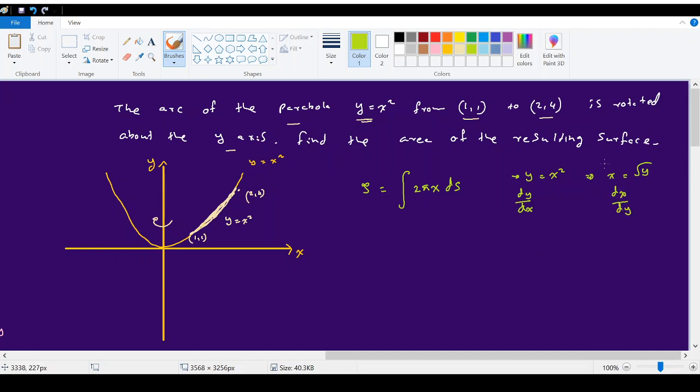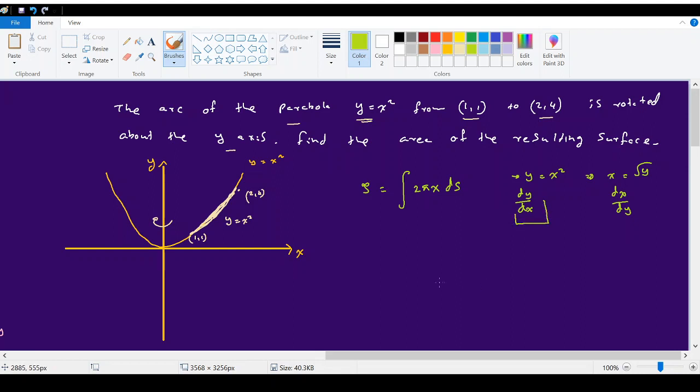But if calculating one is difficult, then we will have to use the other. In this case we can use both, so we will try to do it in both ways.